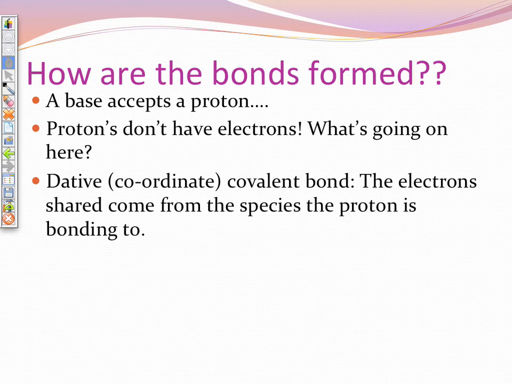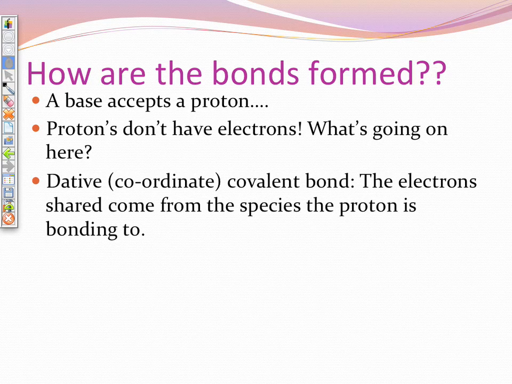And that is where we get dative or coordinate covalent bonds, which you may remember from earlier this year, where both electrons being shared in a covalent bond are coming from one species.